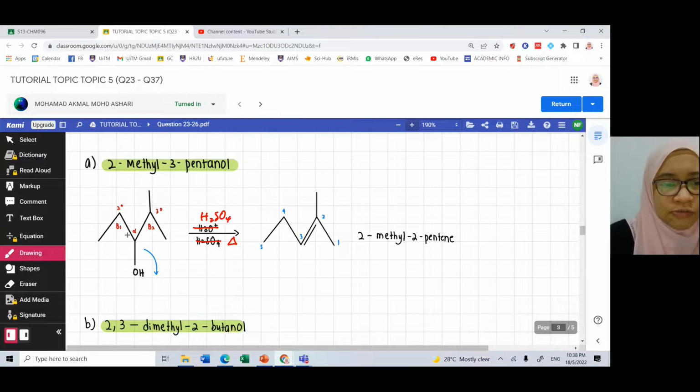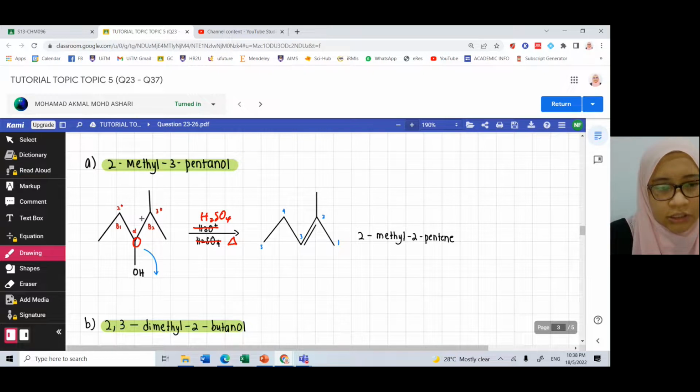This would be the carbon that will definitely be involved in the removal of hydroxyl, but we also have to identify the adjacent carbon because that adjacent carbon will be involved in the removal of hydrogen. We have 2 adjacent carbons there.